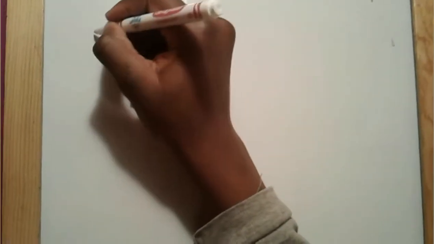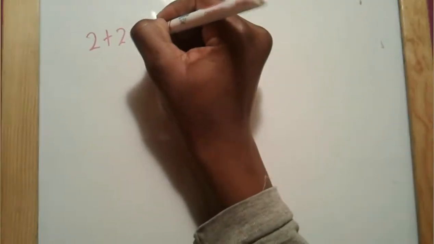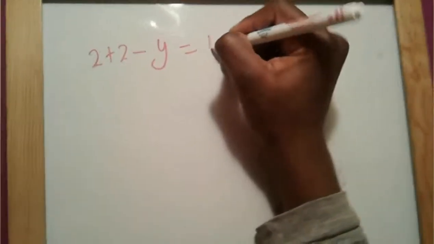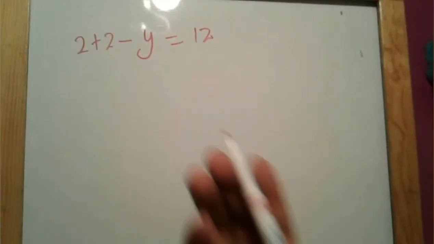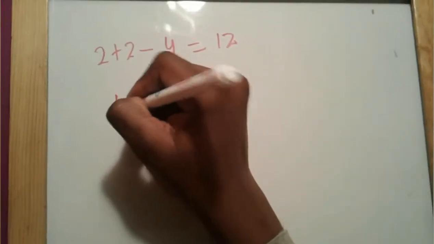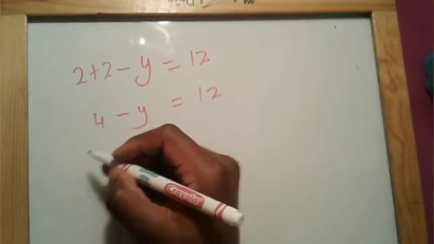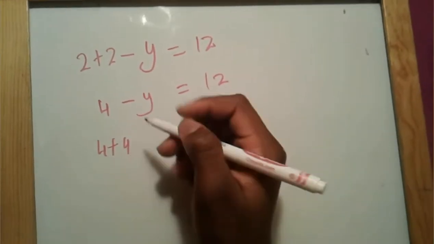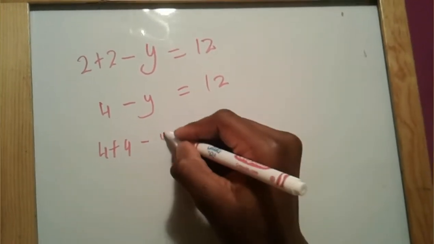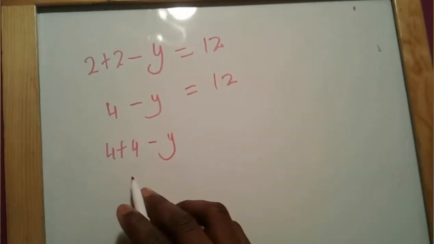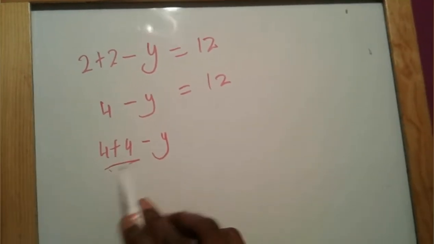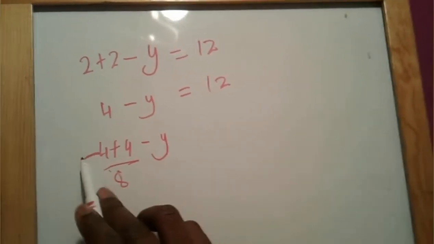So we combine addition and subtraction, and sometimes questions come like this, like let me say 2 plus 2 subtract y is equal to 12. So you must add and subtract y is equal to 12. So if you add like that, it will be 4 plus 4, 8, because there is no negative.